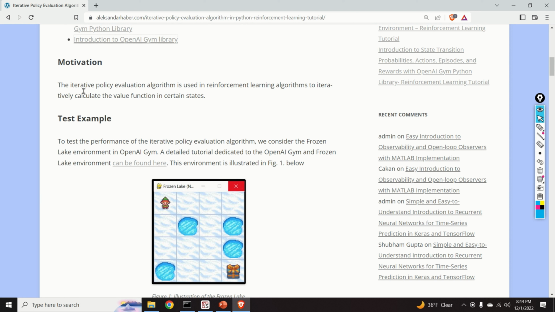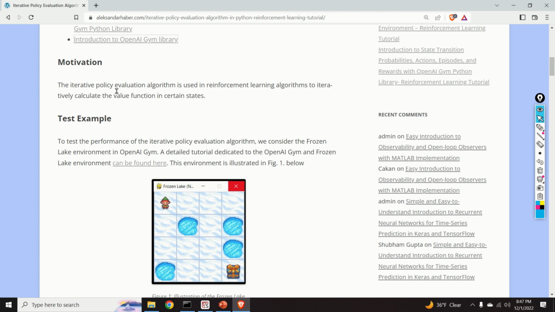Okay, under the assumption that you obtained enough background knowledge, we can continue with this YouTube tutorial. So let's start with the motivation. The iterative policy evaluation algorithm is used in reinforcement learning algorithms to iteratively calculate the value function at certain states.